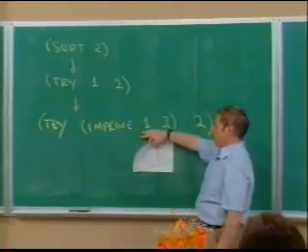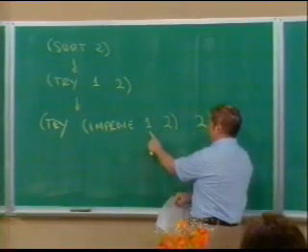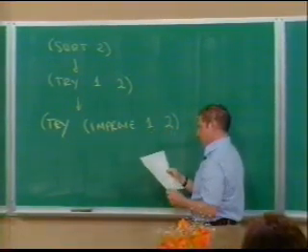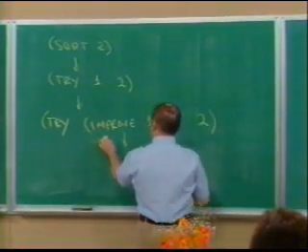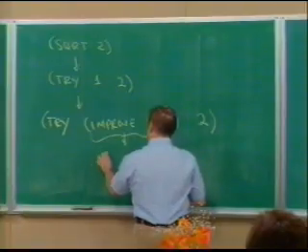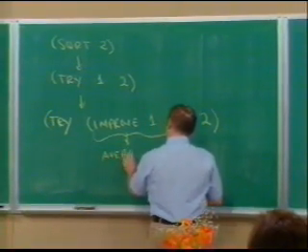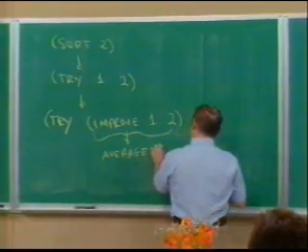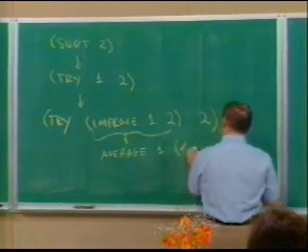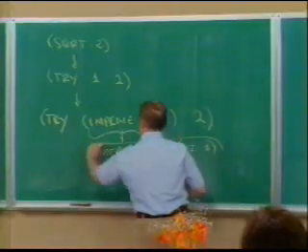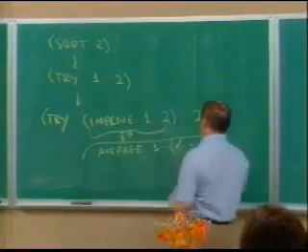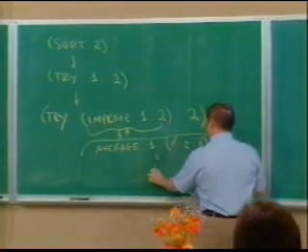Improving 1 as a guess for the square root of 2 means I average 1 and 2 divided by 1. So this piece here will be the average of 1 and the quotient of 2 by 1, and this is 1.5.